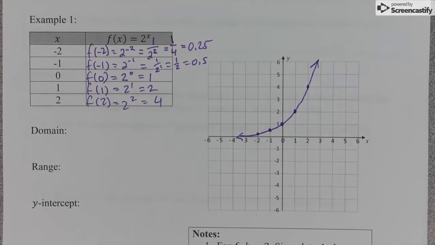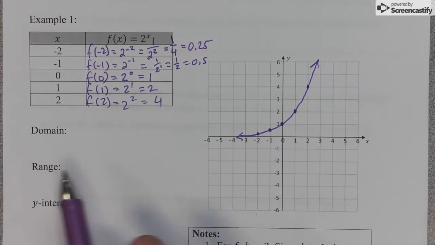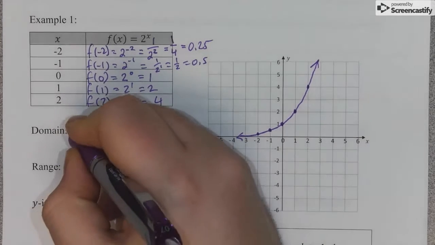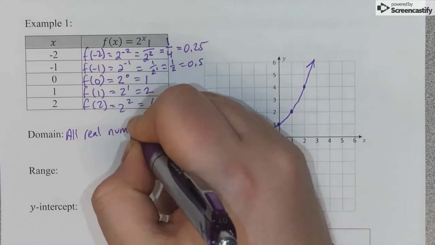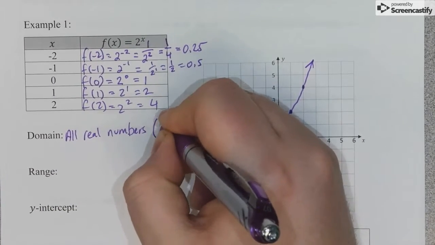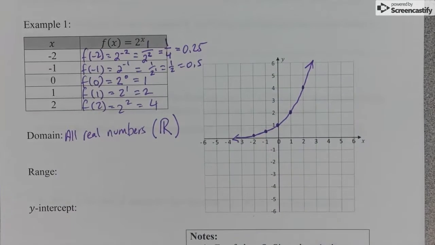Notice it never really touches the x-axis, so your y value never really gets quite to 0, but it's going to approach 0. So our domain, we're free to use as much of the x-axis as we want. So our domain, we call that all real numbers, and we denote that with this fancy little R. So that means all real numbers.